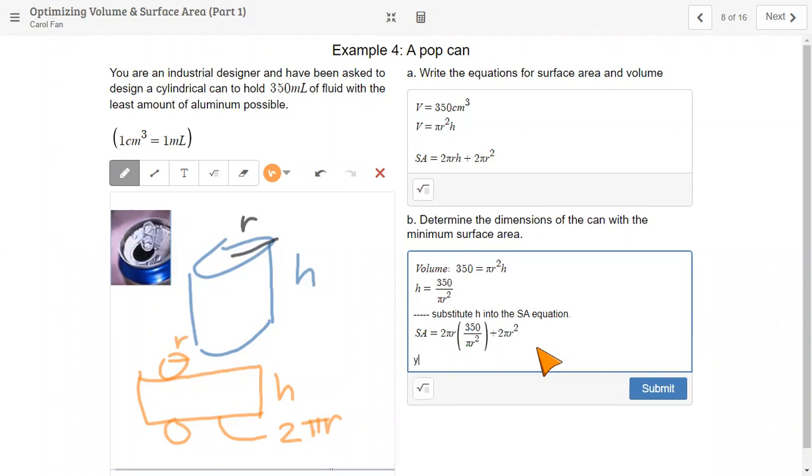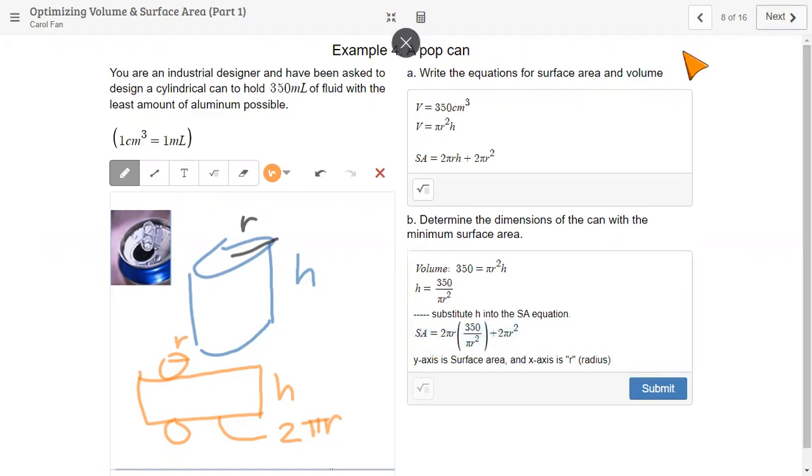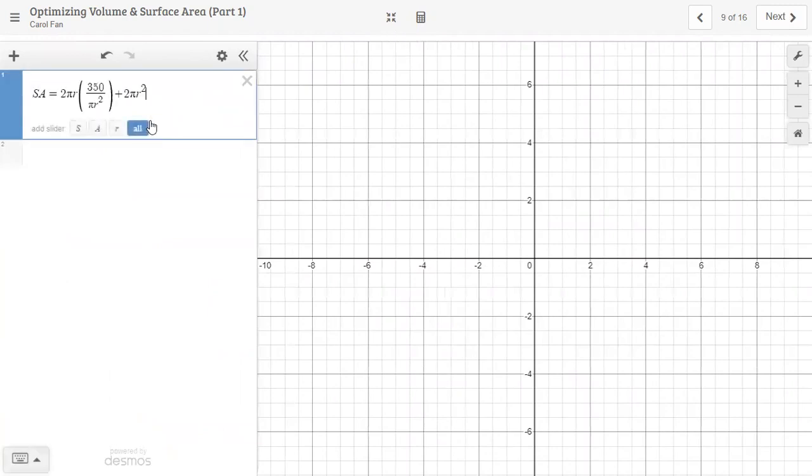Before we do that, let me remind us that our y-axis is surface area and our x-axis is r for radius. So let me stick this in here and I'm going to change my variables.